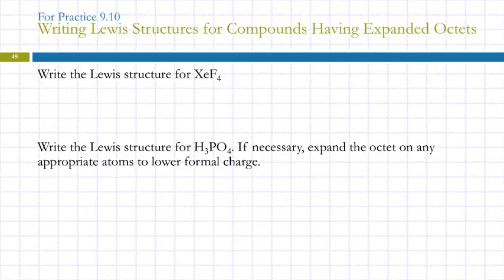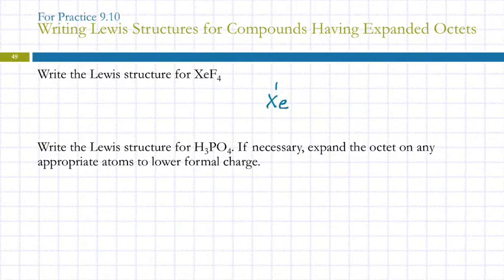Let's do some practice. Write the Lewis structure for xenon tetrafluoride. Well, the first step is always to connect the elements. Fluorine prefers to have 1 bond, and it's very electronegative, so a good place to start is put the fluorines around the xenon atom.